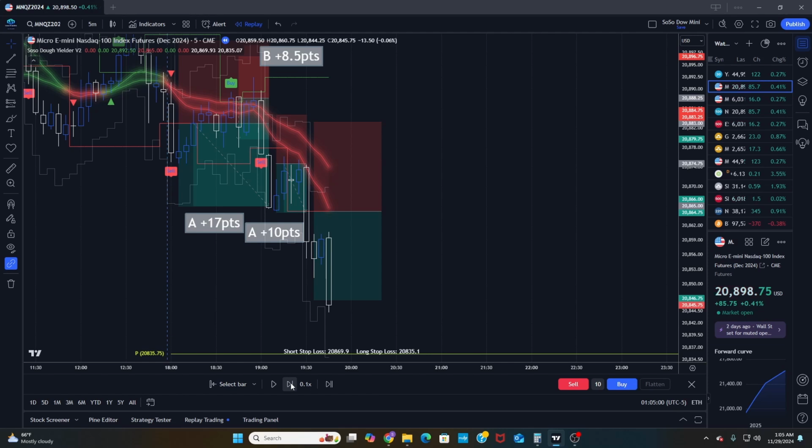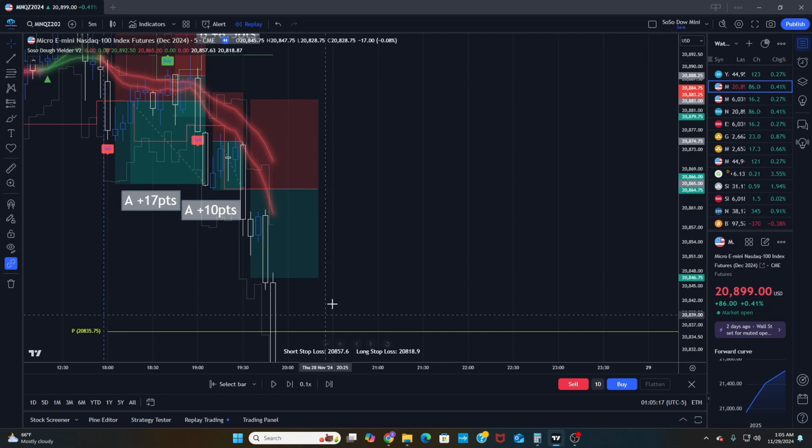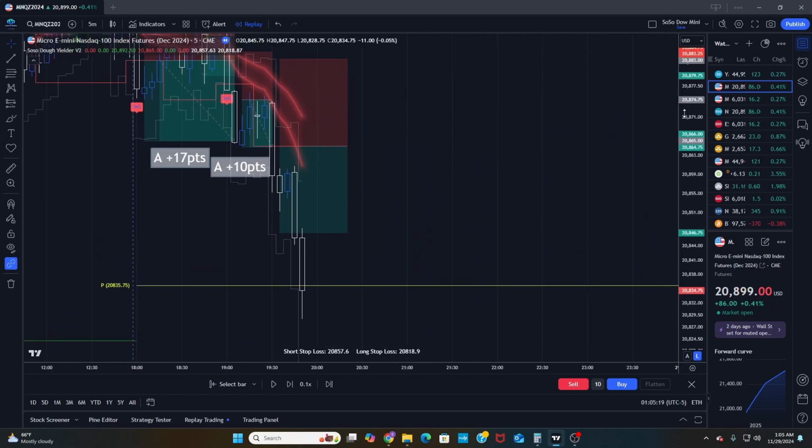Okay, so that one kind of went down and hit our take profit without retesting the level. So at this point, you may want to consider just removing the trade. Alright.